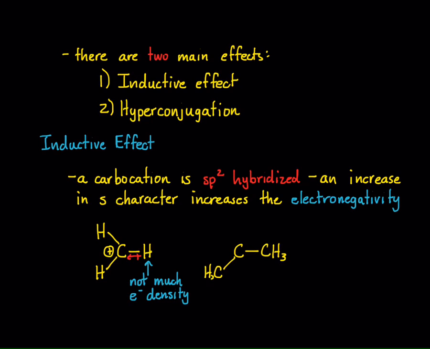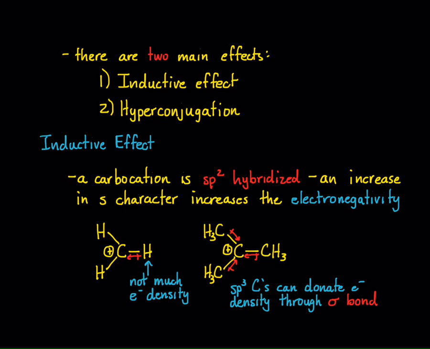Now, when I put other substituents around that carbon, like sp3 carbons that are less electronegative than an sp2 carbon, then I can see that I donate electron density to that carbon through the sigma bond, and I can stabilize it. So sp3 carbons can donate electron density through a sigma bond. Now that is one effect, and certainly it is a legitimate effect.